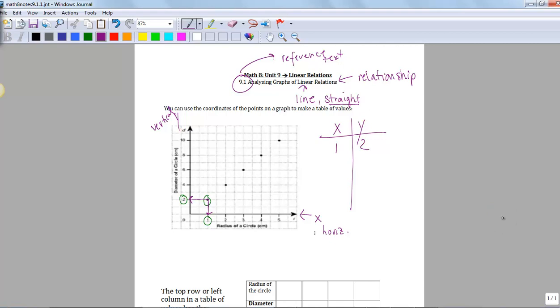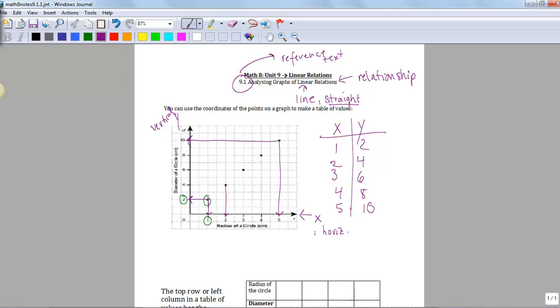So that data point is at 1 and 2. And off you go. This is 2 and 4, 3 and 6, 4 and 8, and the last one, 5 and 10, right? So, all the way down here, all the way over here.